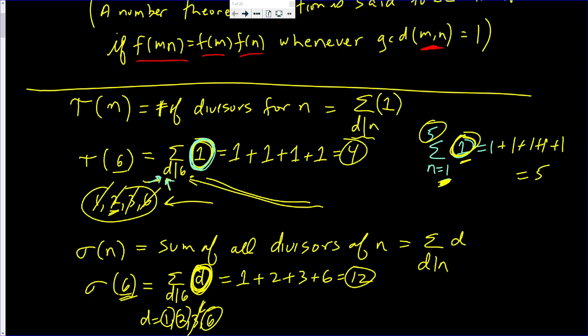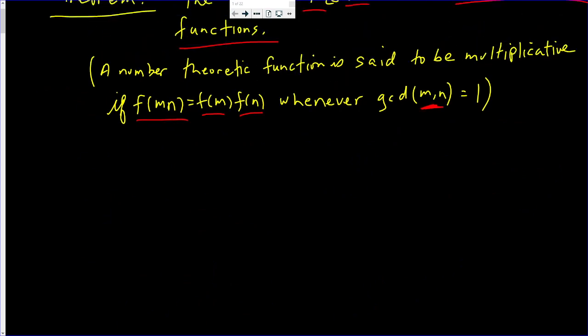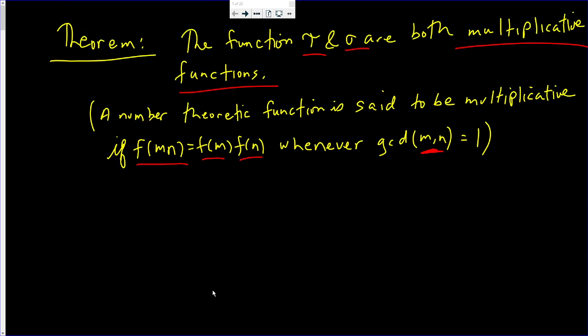Okay. So now I explained what the tau function is and what the sigma function is. And I'm going to prove that both of these functions are multiplicative functions. Okay, so let's get into the proof of this.